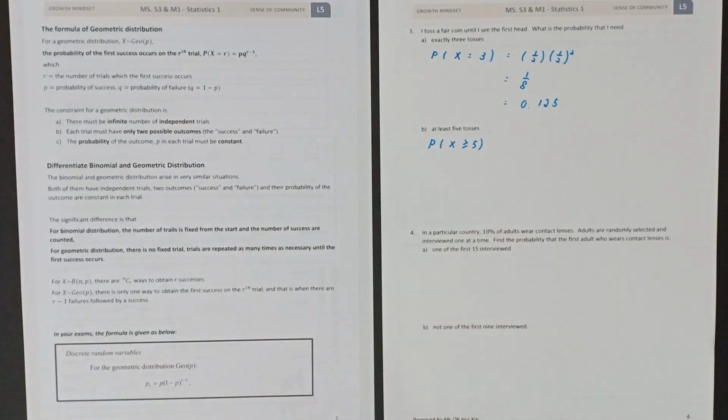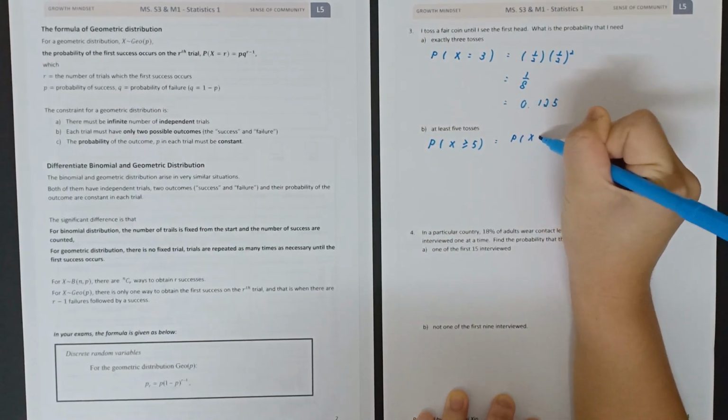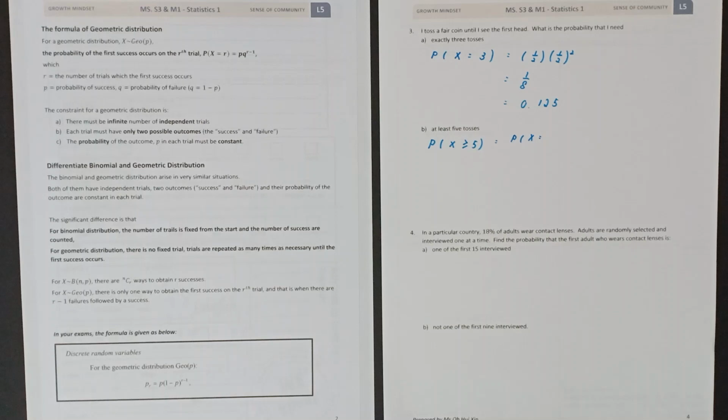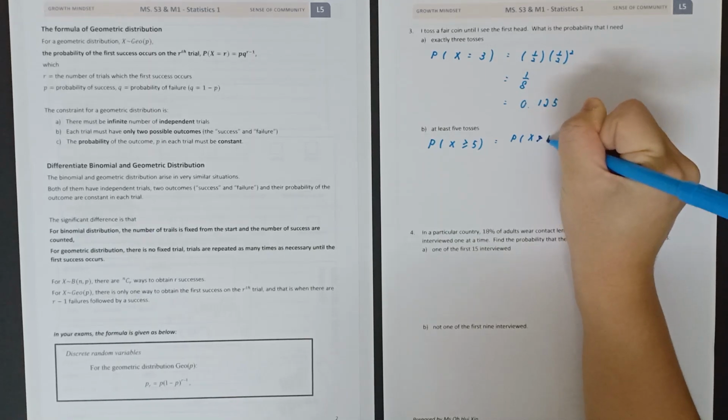The first one is what you can try to do. Probability of x equals to... you see, what happened now is you want x greater than or equal to 5. If we want to change it another way, it's not more than 5 times, right? More than or equal to 5 times is basically bigger than the 4th time.